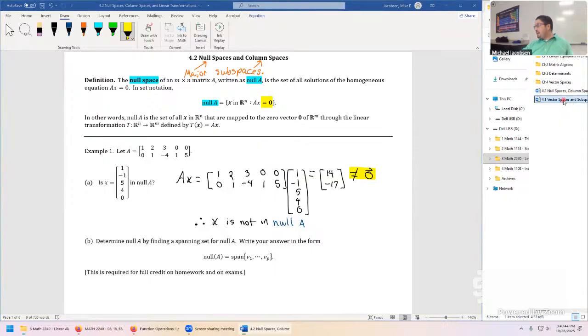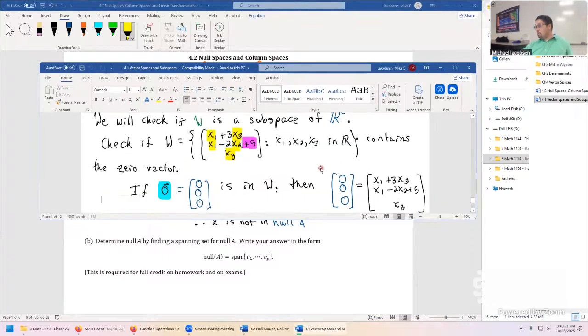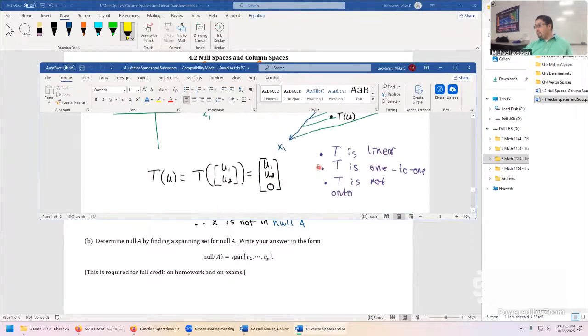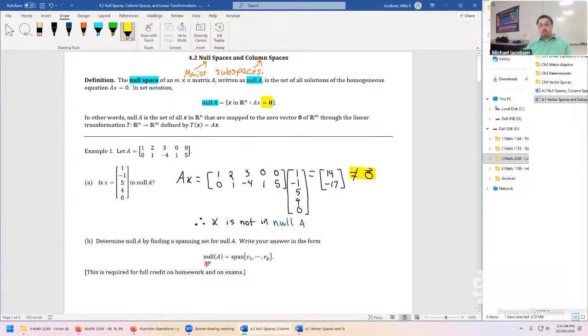But this then connects back to section 4.1 because we can always write the null space as the span of a set of vectors. We can go back to this really powerful theorem here. The span of any collection of vectors is an automatic subspace. So this tells us already together the null space will be a subspace of R5.